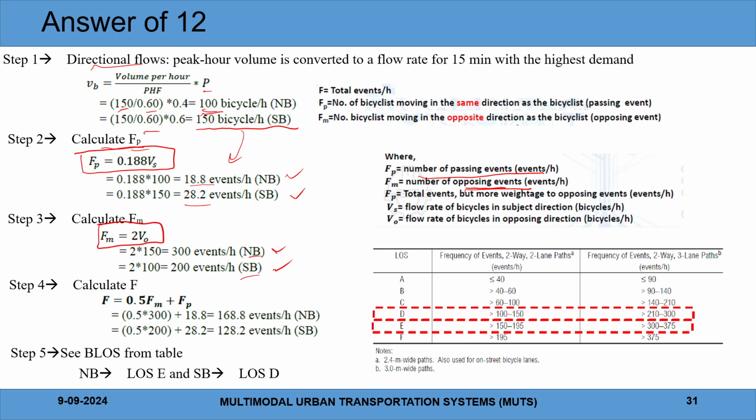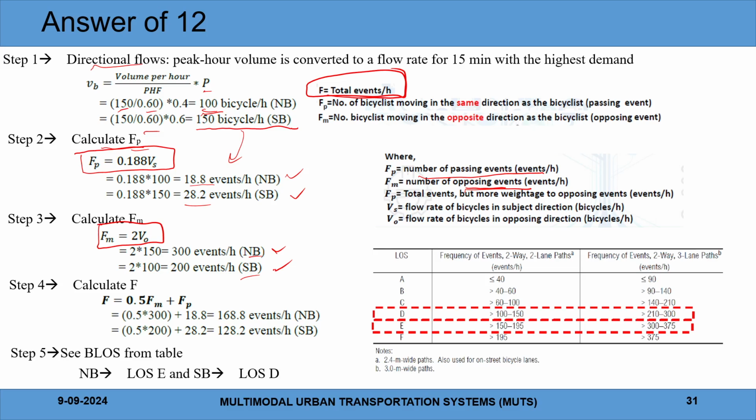Now F, that is the total event, we need to calculate. It is equal to 0.5 FM, that is the number of opposing events, plus FP, that is the number of passing events.